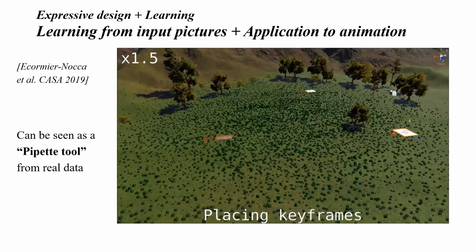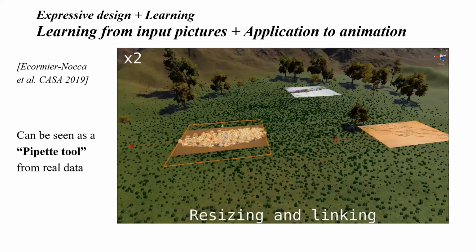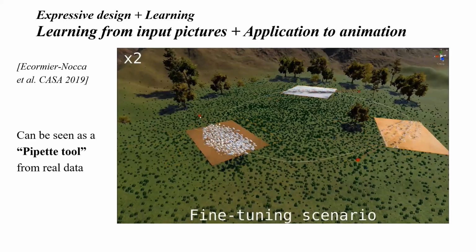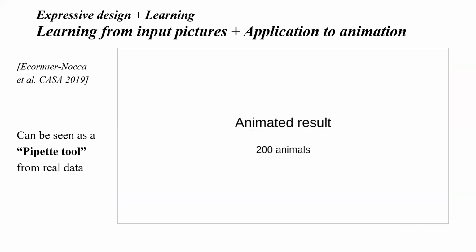We just made little prototypes to show that it's usable. Here the user is just tuning the trajectory, tuning the photos from which they want to learn, and orienting them as they want. Then they decide to have, I think in this example, 200 animals, sorry. You will see the animals start with the distribution in one of the photos.